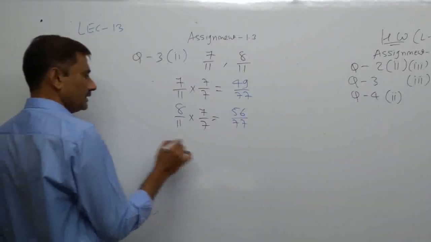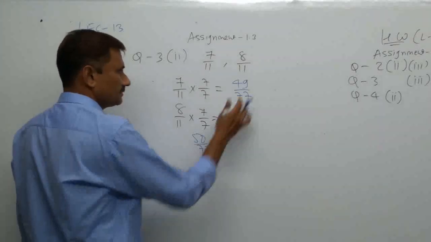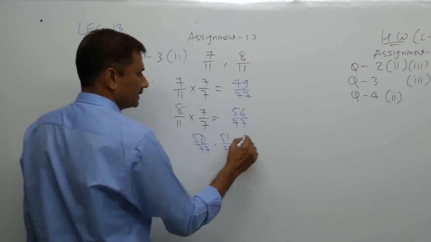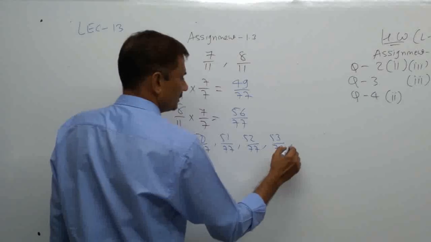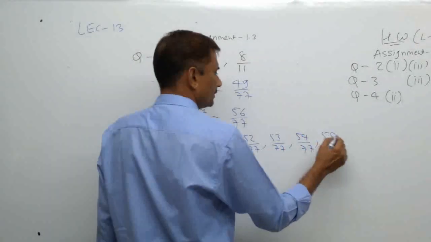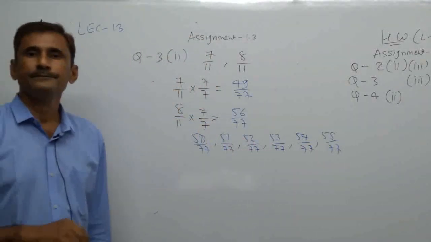Now the numbers will be 50 upon 77, 51, 52, 53, 54 and 55. Count them, obviously exactly 6.